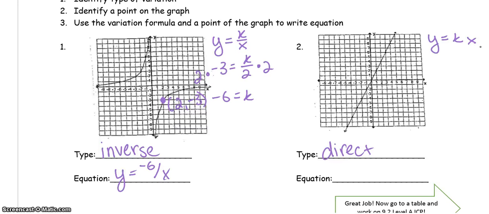So you need to find a point different than 0, 0. So I see right here this point, which is 1, 2. So we can plug that in, and I've got 2 equals k times 1. So really, that just ends up being 2 equals k, because 1 times k is the same thing as k. So that means our equation is y equals 2x.